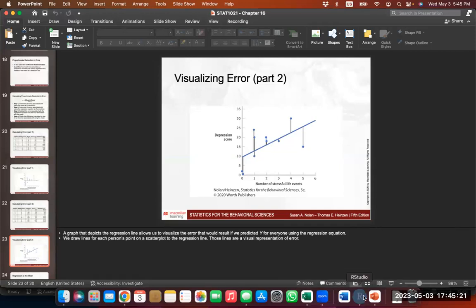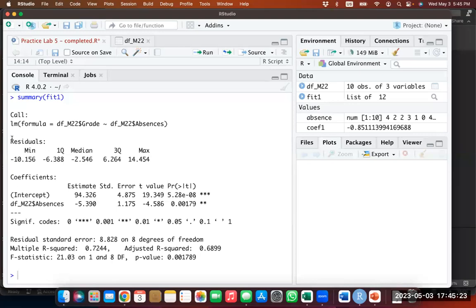Now if we look at this residual characterization, it is depicted here as a summary. We have a min and a max, the minimal and maximum residual. We have the first quartile and third quartile, so the 25th to 75th percentile, and we have the median. So why a median and not a mean?